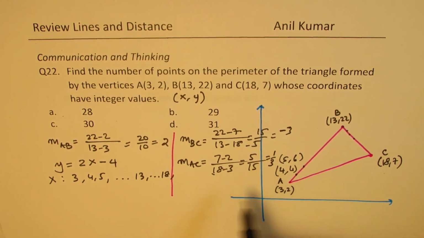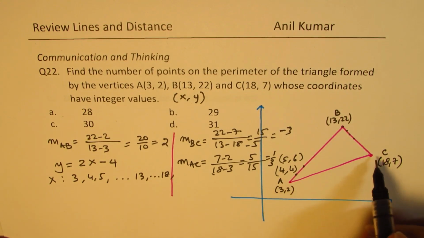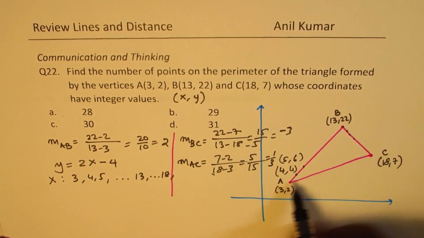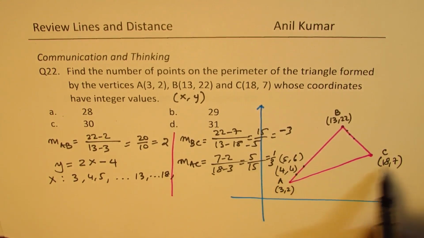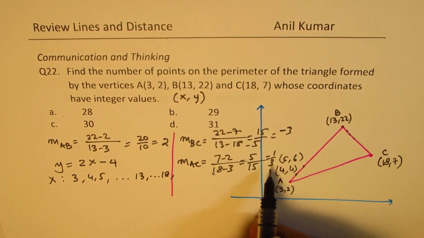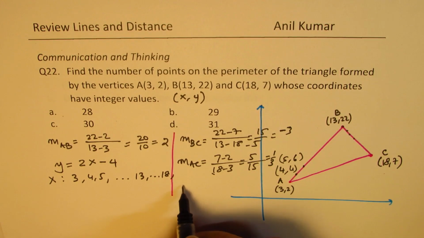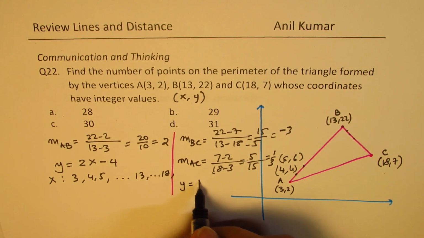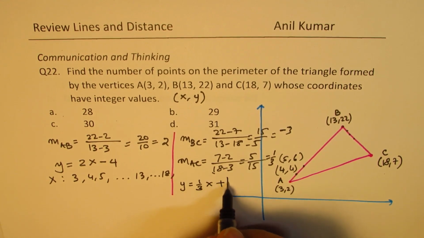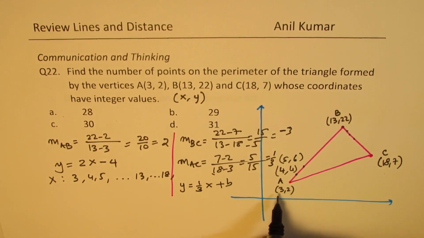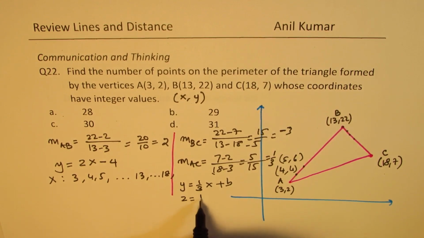So what I'm trying to say is, let's write down the equation of this line, which is A to C. Now if I write A to C as my equation of the line, slope is 1 over 3. So we get y equals 1 over 3 x plus b. Let's put 3, 2 here. So 2 equals 1 over 3 times 3 plus b. So that cancels.